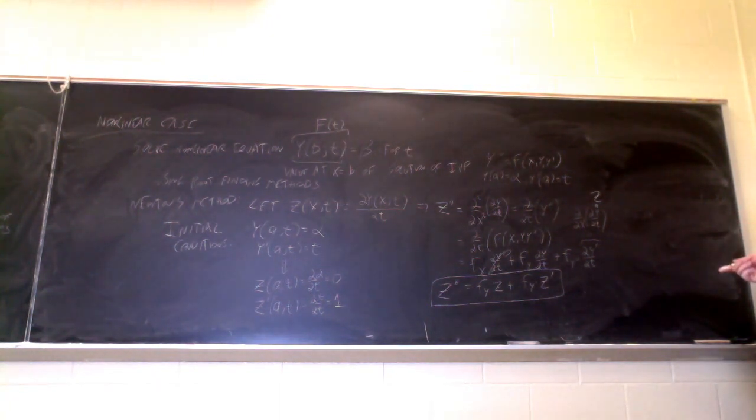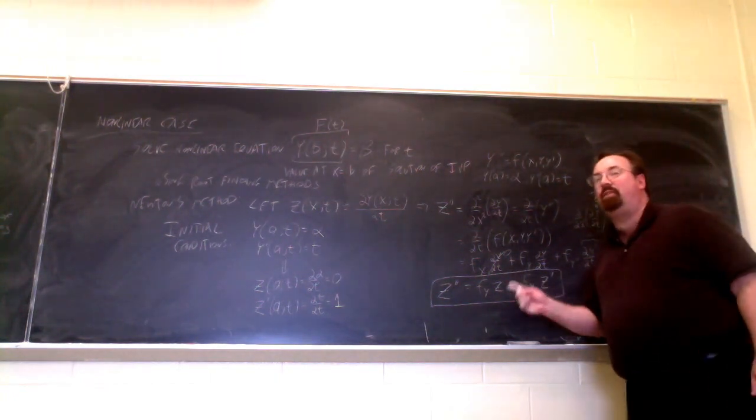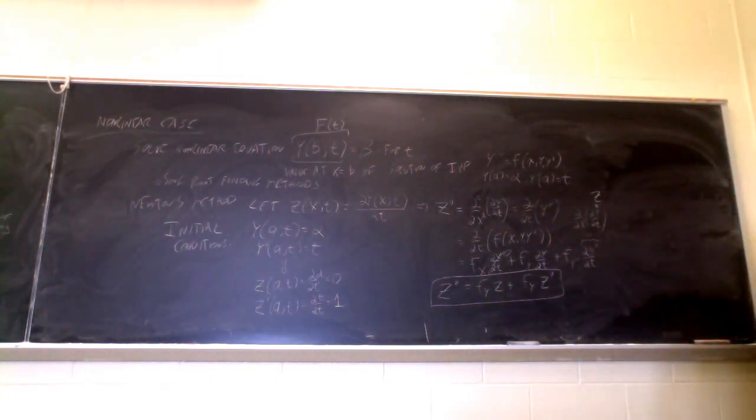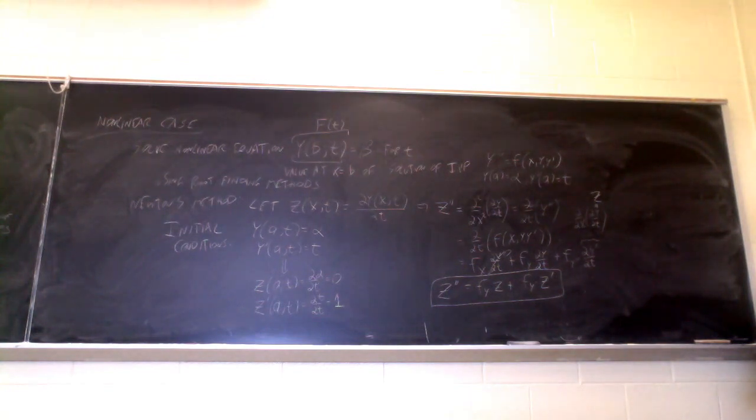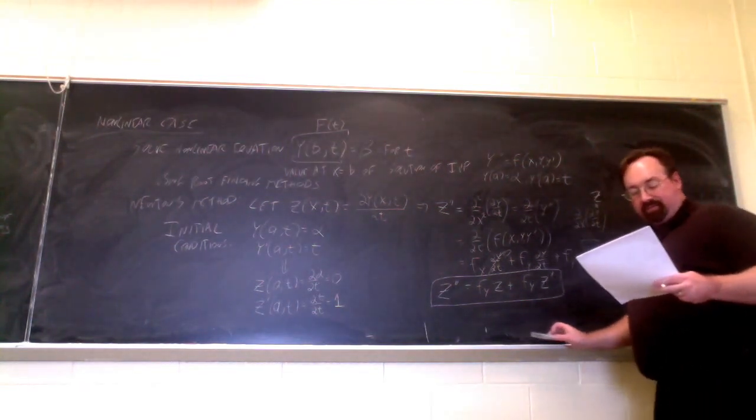Here I have second order ODEs. What do I do about that? Convert it to two first order ODEs. Yeah, so any second order ODE can be written as a system of first order ODEs. Yes. Yeah, it came up in 605, certainly.